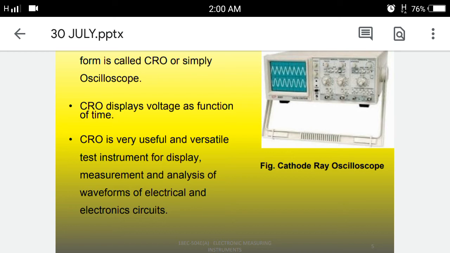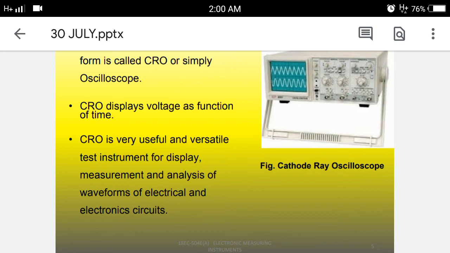It in effect gives the electronic engineer an eye to see what is happening inside the circuit itself. It is only by seeing the signal waveforms that he or she can correct errors, understand mistakes in the circuit design, and thus make suitable adjustments. Hence, CRO is an eye to the electronic engineer.